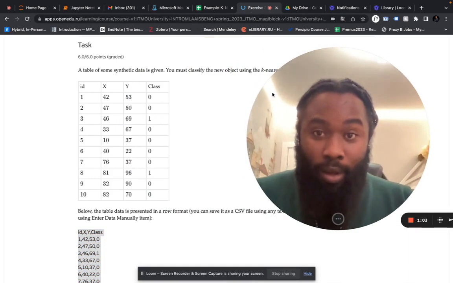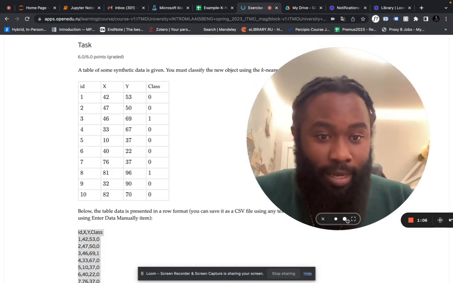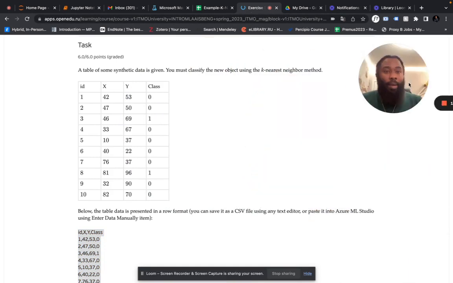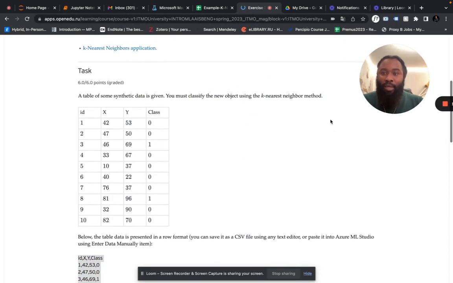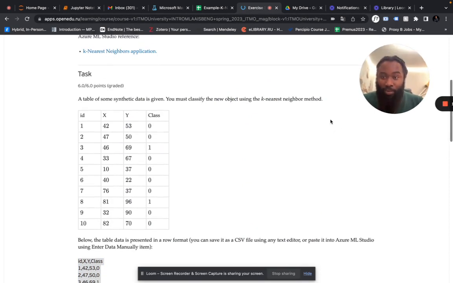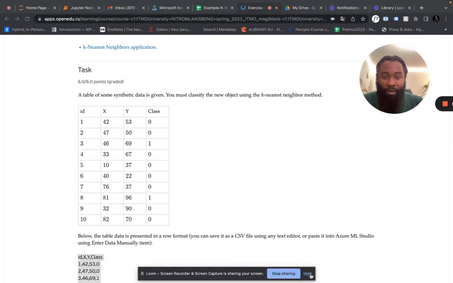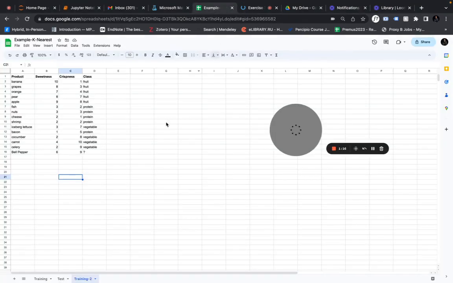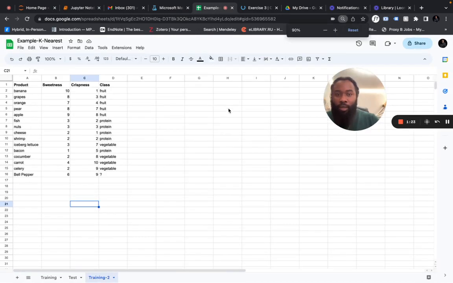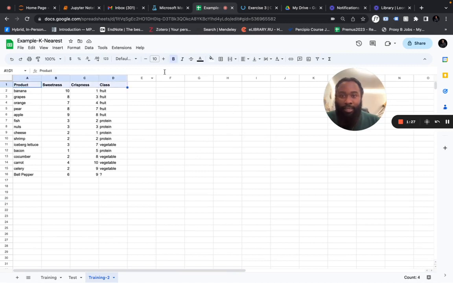As usual, let's minimize this. Okay, I'm gonna start off with this task as we always do. However, let me explain this with a simpler example. So for instance, let's zoom in. You have this data set, right?